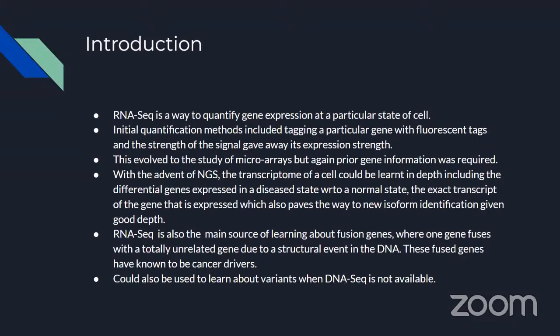After isolating the transcriptome, you create a cDNA library, converting it into DNA, and then sequence that. This gives us an idea of the transcriptome that could be captured from a cell.